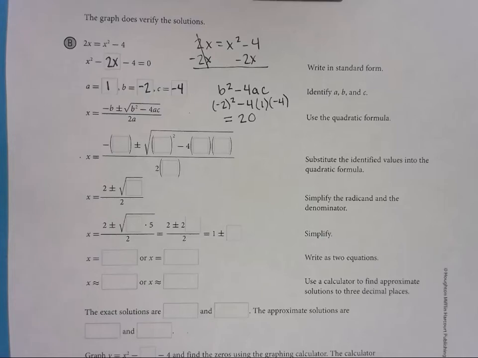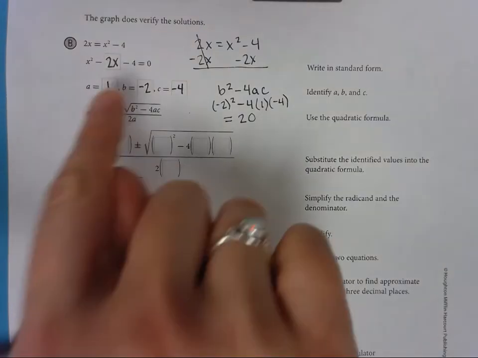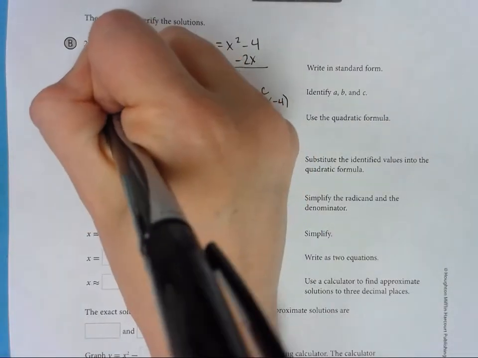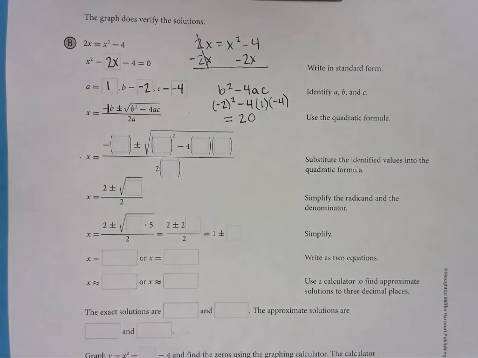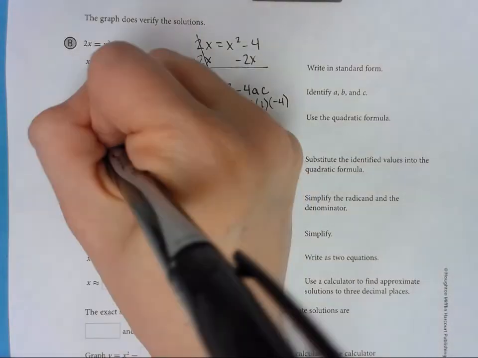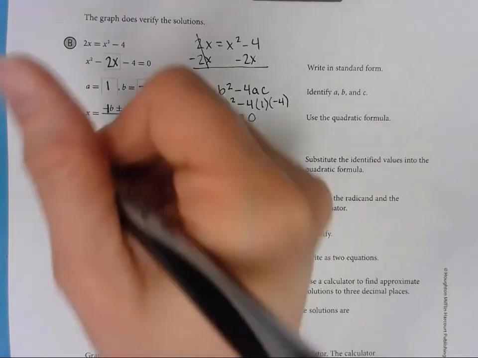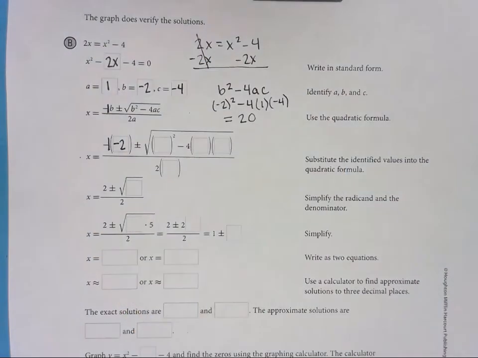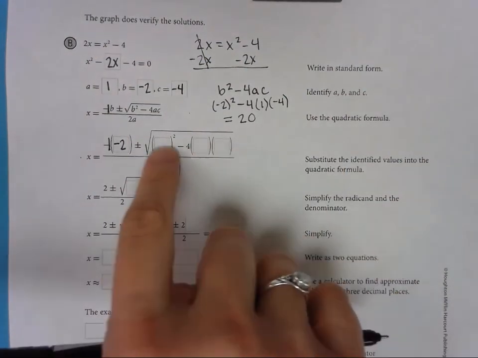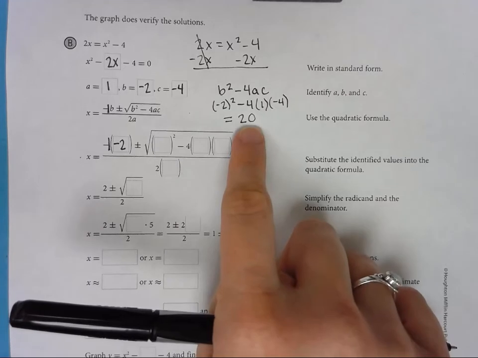The quadratic formula is negative b plus or minus the square root of b squared minus 4ac all over 2a. You will do best, especially when the b is negative, if you actually make it negative 1b. So we have negative 1 times our b, which is negative 2, plus or minus. You could reevaluate the b squared minus 4ac, but you already found that it is 20.